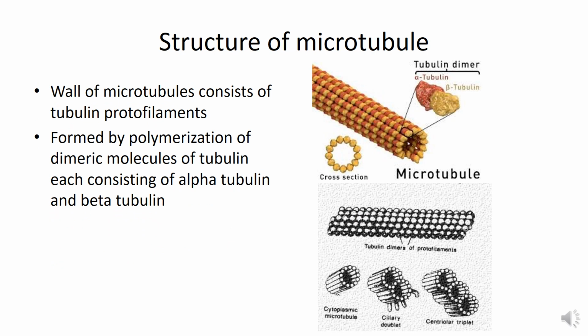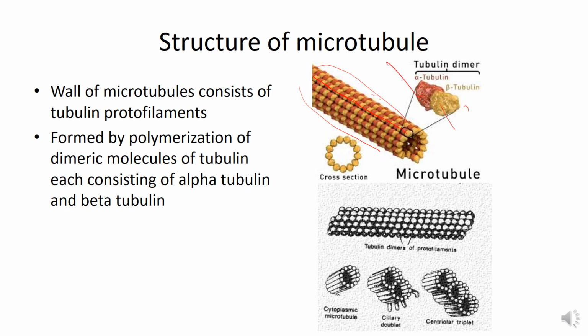Structure of the microtubule. The wall of the microtubule, this is a microtubule filament, consists of tubulin protofilaments. These protofilaments are formed by polymerization of dimeric molecules of tubulin, each consisting of alpha tubulin and beta tubulin.